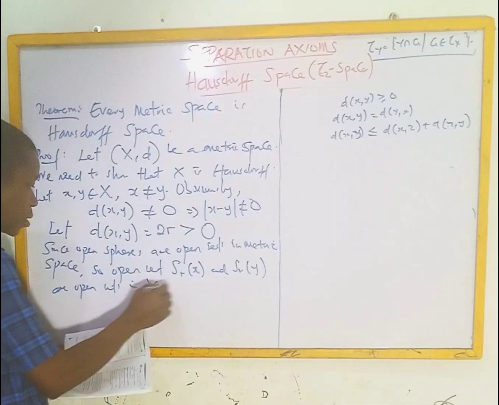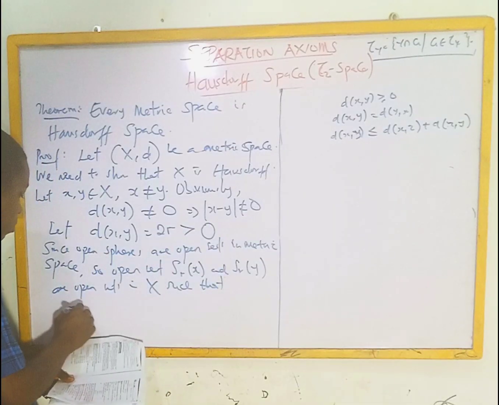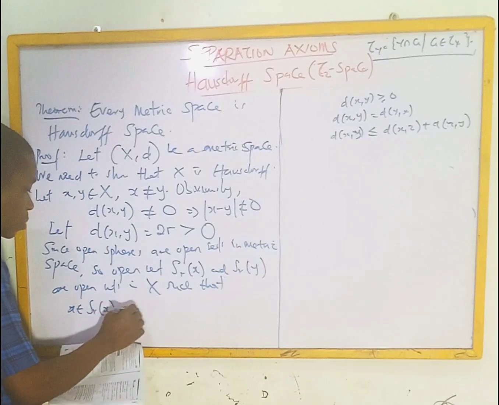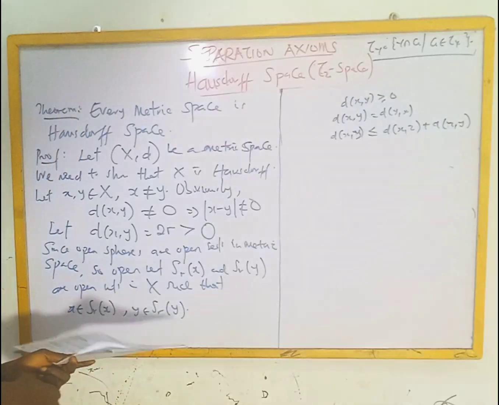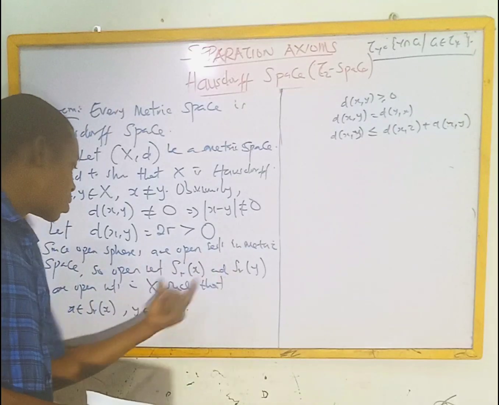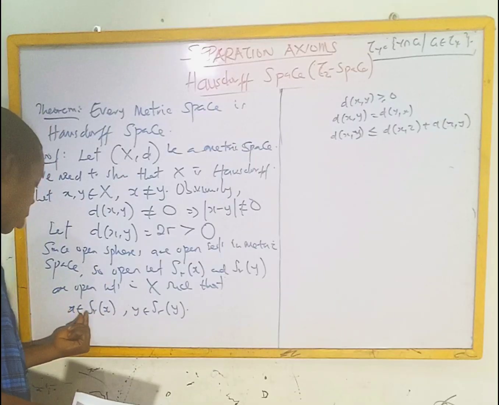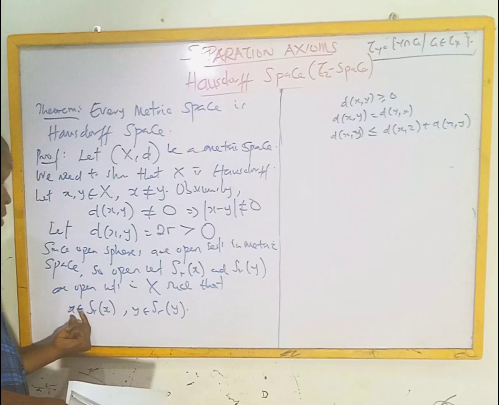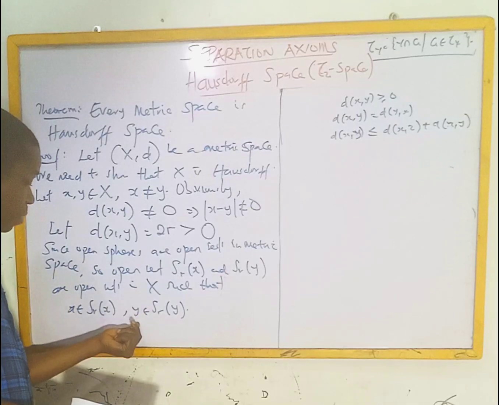Such that x is in the open ball around x, and y is in the open ball around y. That is, they are open sets in that metric space. The open set you are picking x from is this one, and the open set you are picking y from is this one.